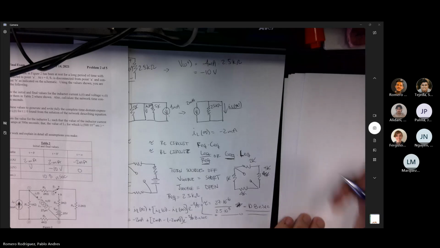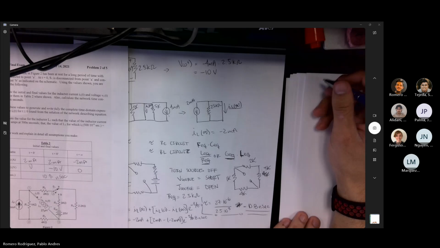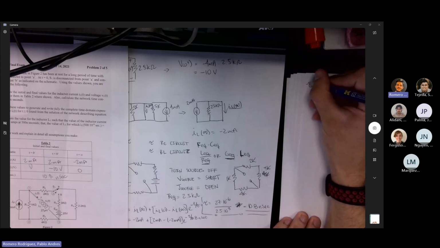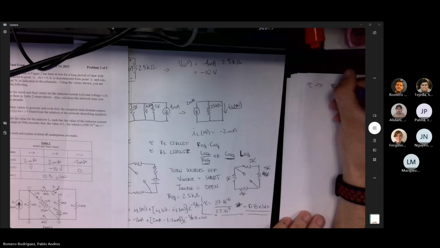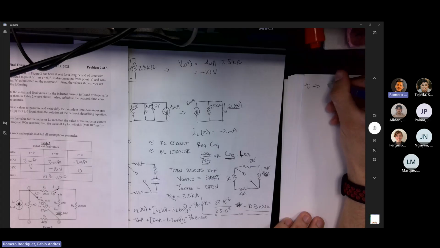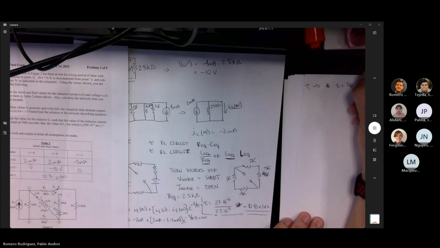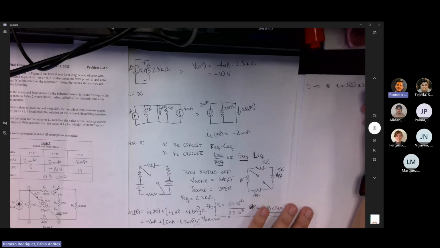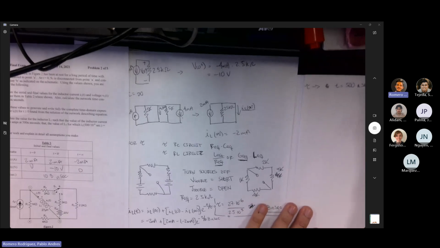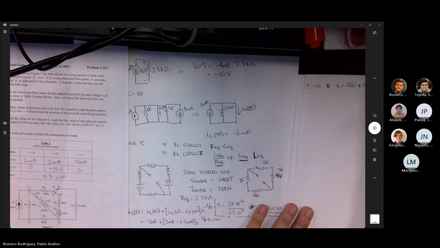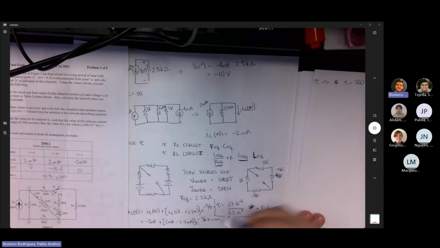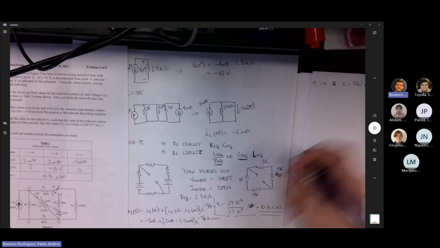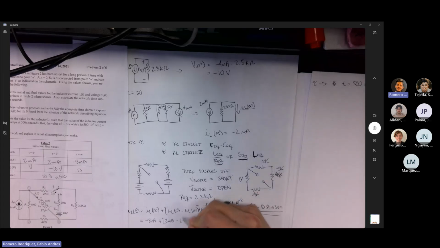Oh, at time. So we're going to need to find a tau for which at time t equal to 500 nanoseconds, your current is equal to 0. So if we write this equation again, let me simplify it a little bit. So this is going to be plus, right?